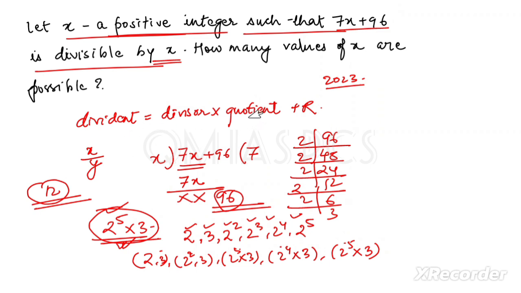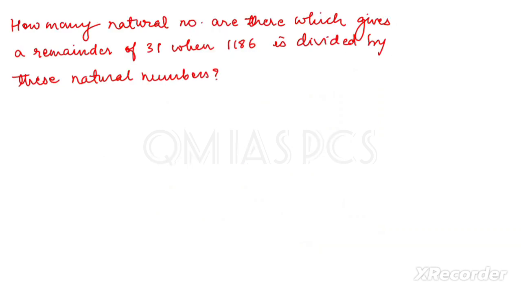Okay, so let's solve the next question. It is from a similar concept. Let's try that one also. The question was: how many natural numbers are there which give a remainder of 31 when 1186 is divided by these natural numbers?